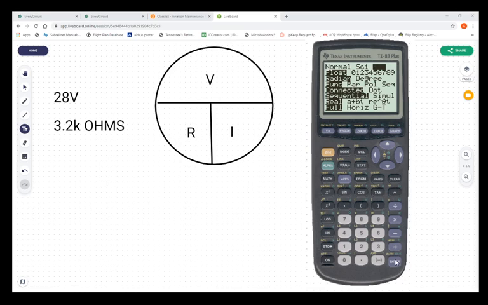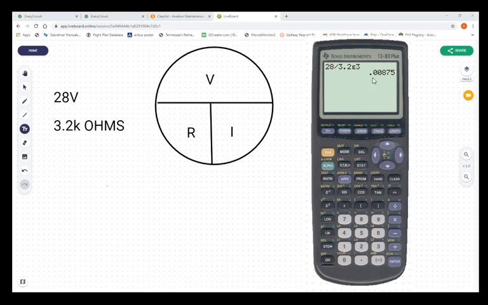We push enter, and guess what? Now he's set. Now we're gonna leave our decimal floating, okay? And we don't want radians. We want degrees. So we'll use our arrow key and come down to radians. We will select degrees, and we will select enter once again. Now to get back to our normal screen, we just hit clear.